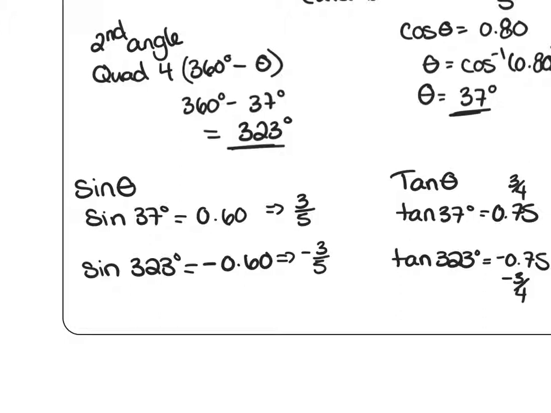But I'll take either way in this case, unless it specifically says so. And so that is trigonometry of angles and how to figure out what the angles are and which two answers you're going to use. I'll see you guys next time.